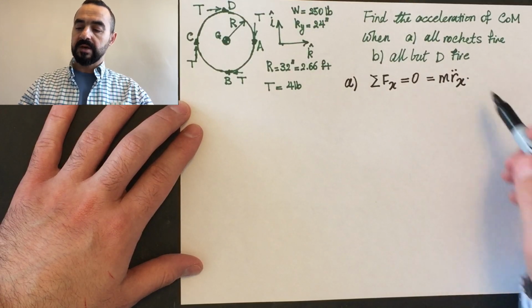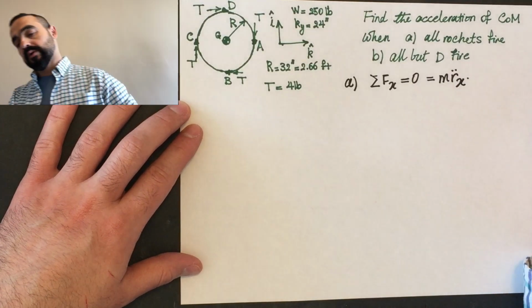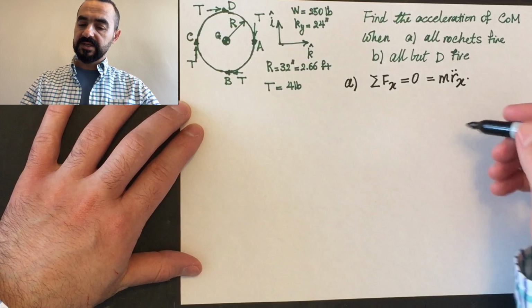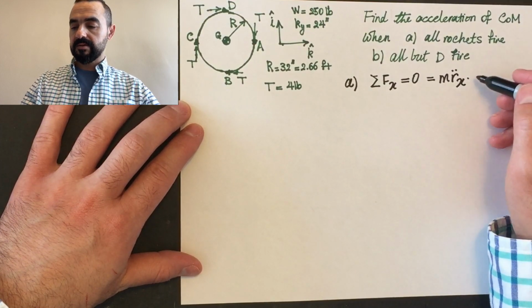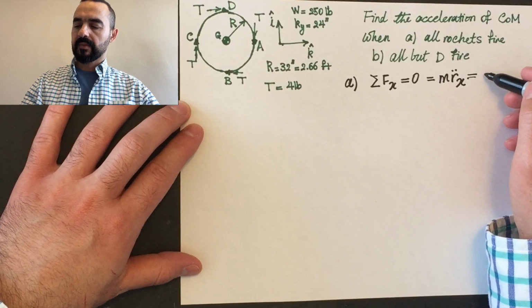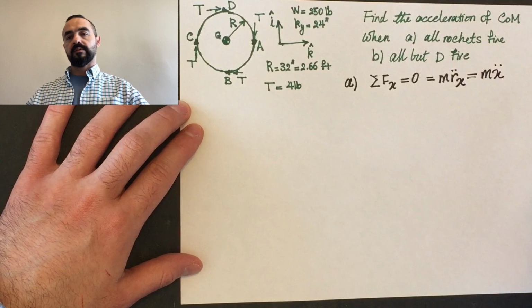I'm using r double dot to describe the acceleration. I think it might be easier if I replace this with just x and say m x double dot is equal to 0.